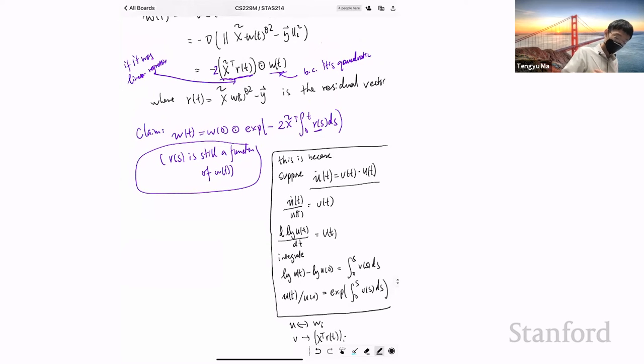By the way, I need to make a remark here that this is an entry-wise application of exponential. This is a vector, this is a matrix, so a matrix times a vector becomes a vector. You take the entry-wise exponential and then the entry-wise product with W_0.